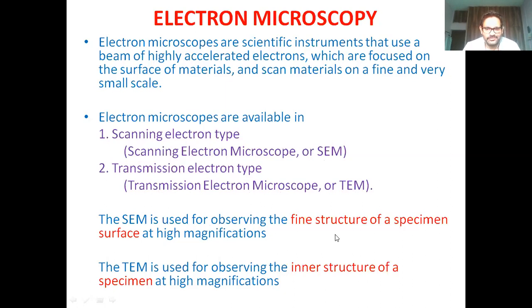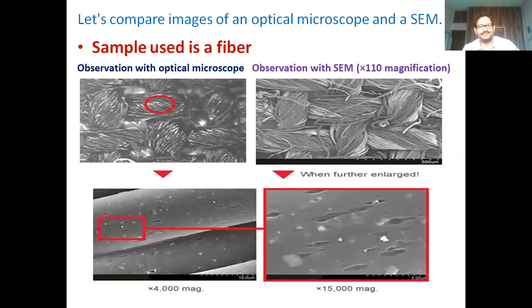SEM is used for observing the fine structure of the specimen surface at high magnification, and TEM is used for observing the inner structure of a specimen at high magnification. So SEM for the surface and TEM for the inner structure of a specimen. Both will give better information about the specimen.